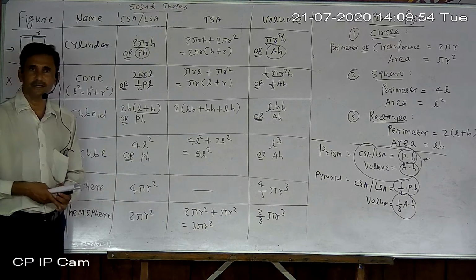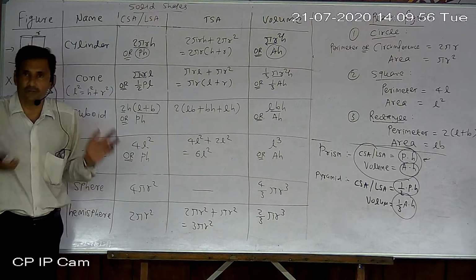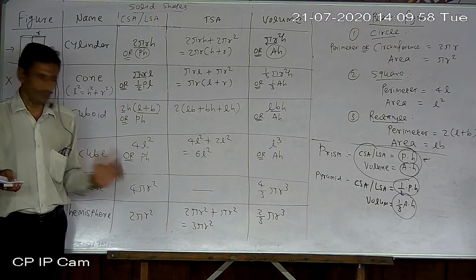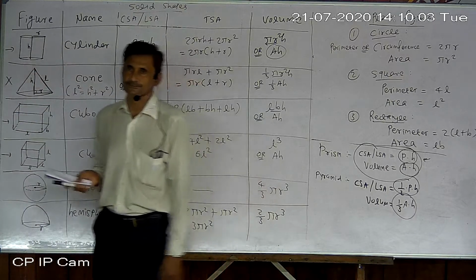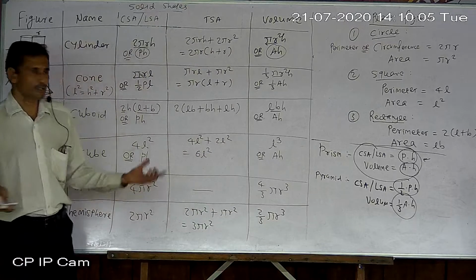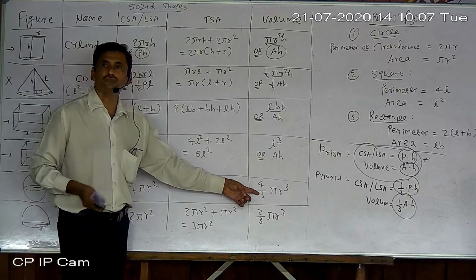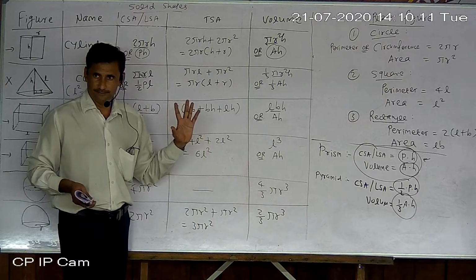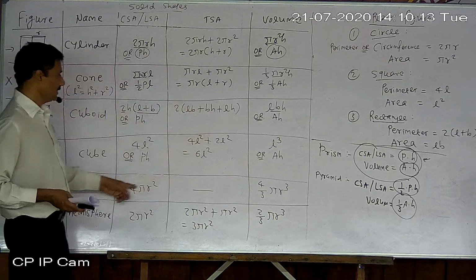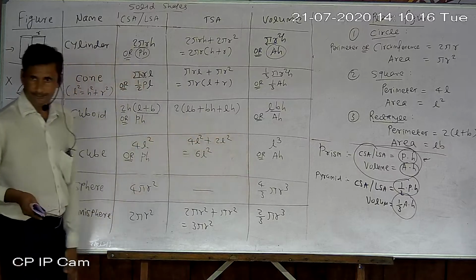I just suggest how to remember it without understanding. In the same way, 4 by 3 pi r cube also you have to memorize. I am not giving you where it comes from. So only 2 formulas are totally new.